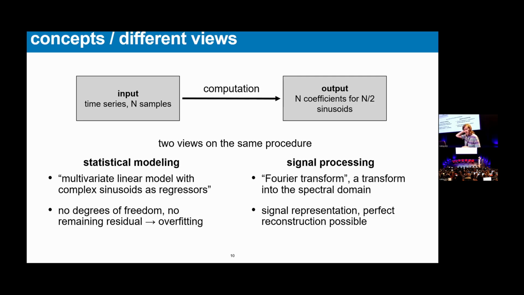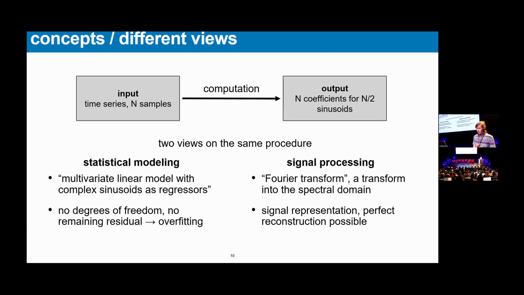So I asked my favorite statistician, and she will say, yeah, it's okay. You fitted a multivariate linear model with complex sinusoids as regressors. But it's a little bit strange. Your model has 0 degrees of freedom. You don't have any remaining residuals. You're completely overfitting the data.